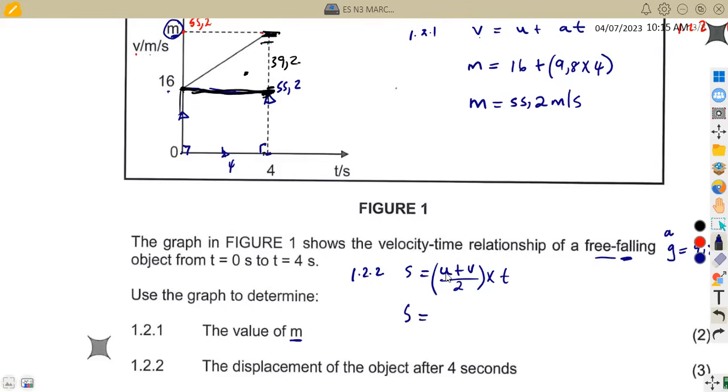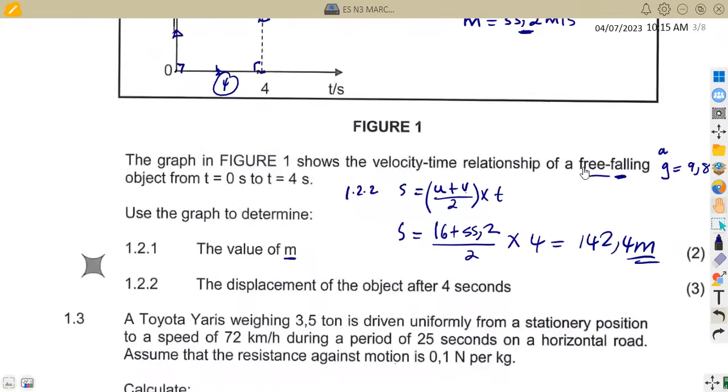That is, S is equivalent to U plus V, where U is the initial velocity, which is 16, plus V, which is our final velocity, the one that we calculated here, of 55,2, everything over 2 times the total time taken of 4 seconds. So still, you must obtain the same answer of 142,4 meters.